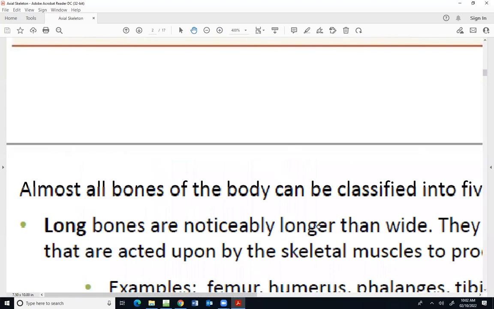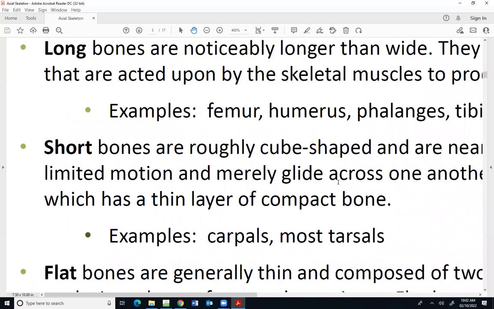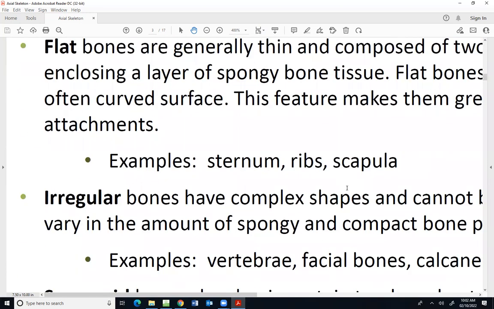While we do that, let's talk about the different types of bones that we have based on their kind of structural shape. We've talked a little bit about this already with the first category there, long bones. The third category there, flat bones. We learned about them the other day.